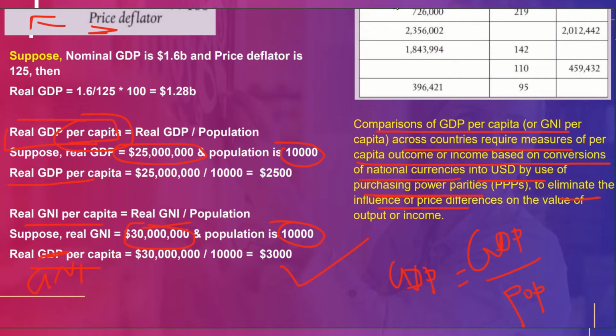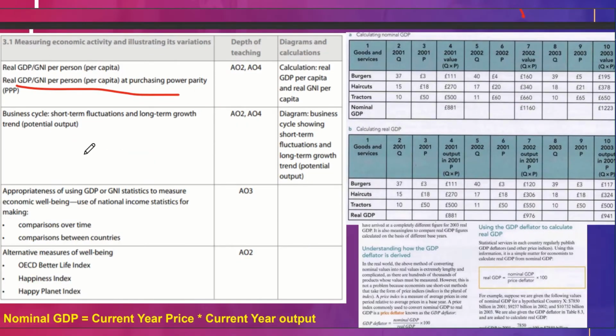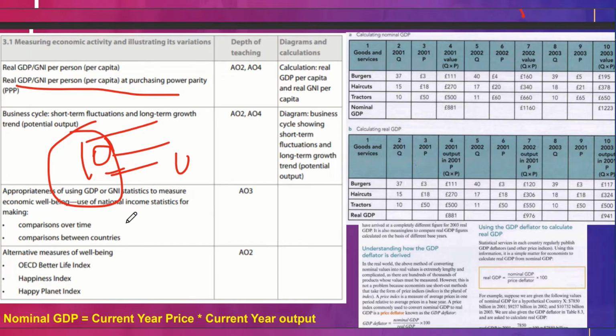Each country also has a different price level for the same basket of goods. For example, 10 goods: the same goods and services, how much do they cost in India, in the United States, in the European Union, and in Australia? So each country has a different price level and different cost of living, right?